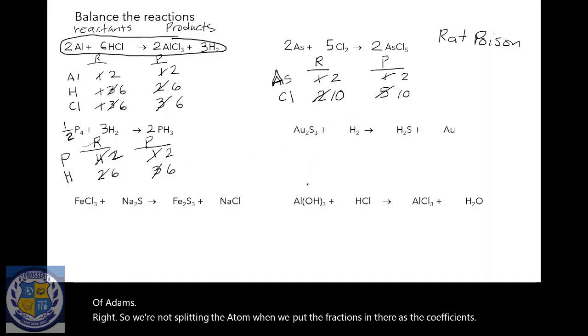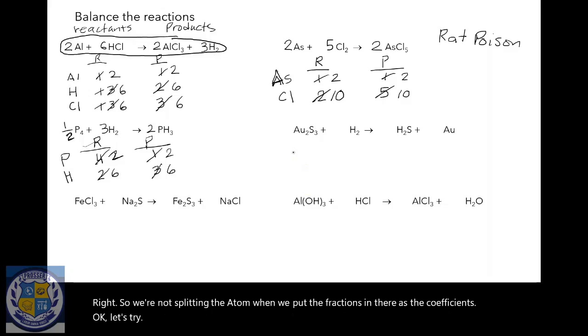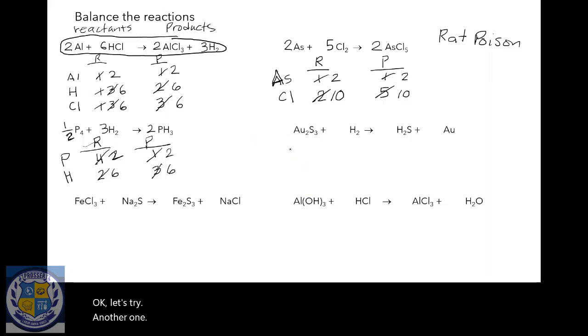Okay, let's try another one. Here we have the reactants and we have the products. Okay, we have, what is this? Au, that's gold, Au. And we have sulfur, capital S, and we have hydrogen.